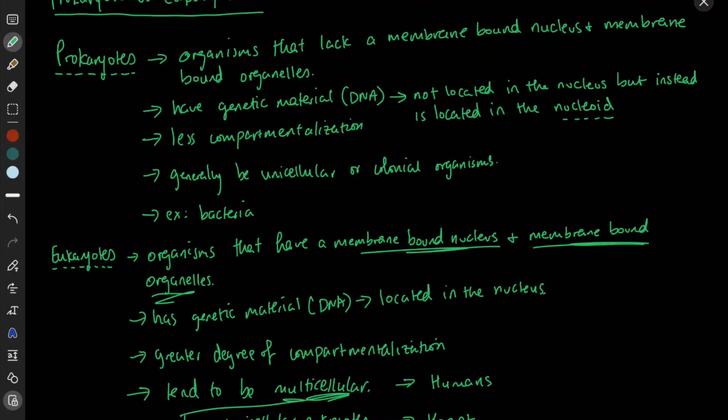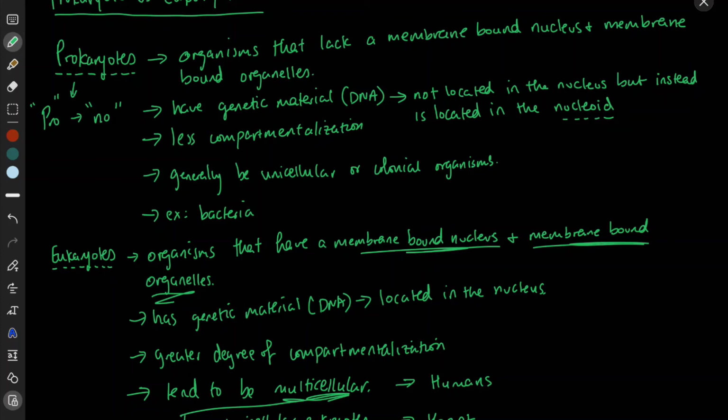Now, one of the ways to remember the difference between prokaryotes and eukaryotes is a cheesy scheme, but it worked for me, so I'm sure it can help you guys out. The prefix pro rhymes with no, so prokaryotes have no membrane-bound organelles and no membrane-bound nucleus.